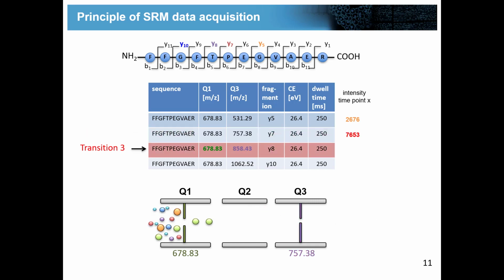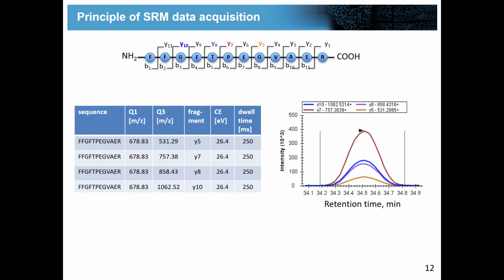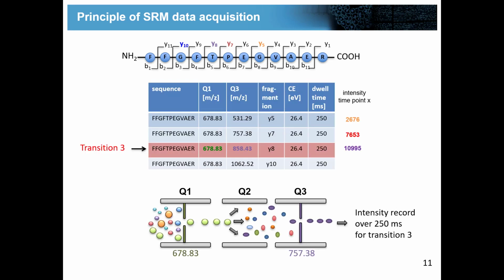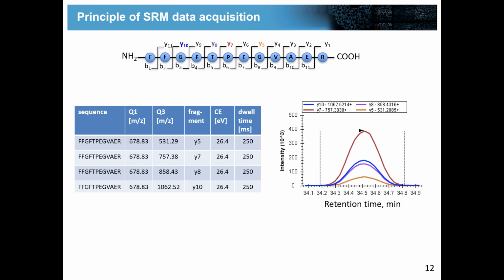Like this, the instrument will cycle once through the whole list that you provide. Once it reaches the end of this list, it will simply jump back to the top and do this cycling through the transition list over and over again, over the whole gradient that you apply. And if you're lucky, then your data that will come out will look like this.